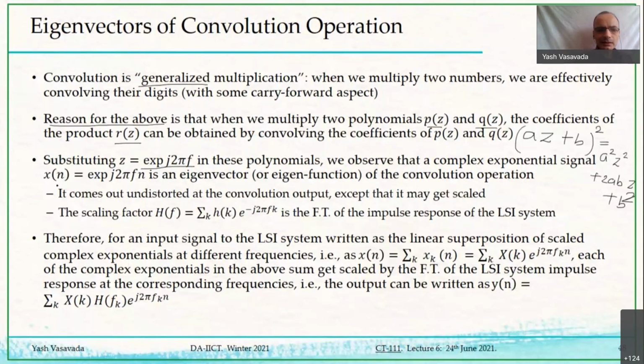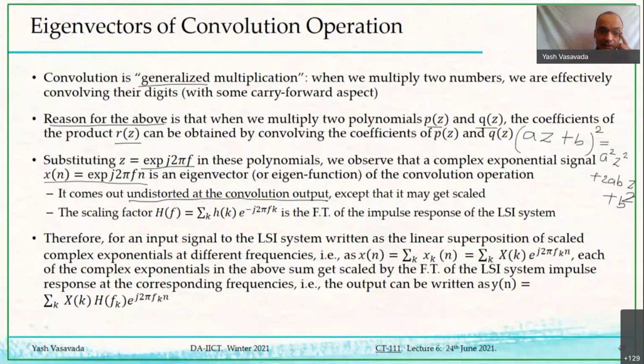And then what happened is that the sequence x of n, the complex exponential sequence as a function of the time index n, ended up becoming what is known as an eigenvector or eigenfunction of the convolution operation. Basically, it comes out undistorted at the convolution output. But it may get scaled, but otherwise it comes out undistorted.